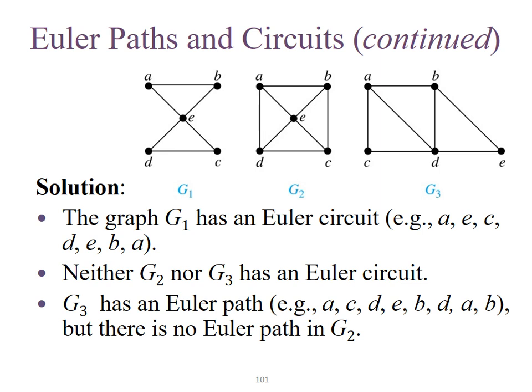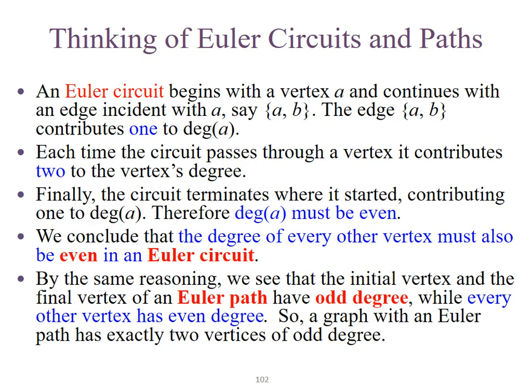Okay, so I hope you can try these three examples by yourself and discover if you can find the rules to determine the Euler path and Euler circuit. Actually, from these three examples, we can see for an Euler circuit, if you begin with a vertex A and then travel along a path, in the end, you need to go back to the vertex A to make it a circuit, right?